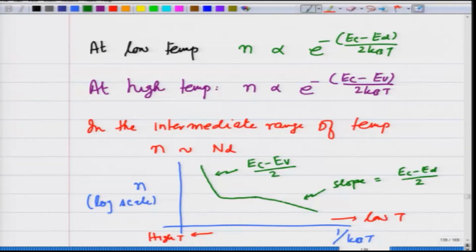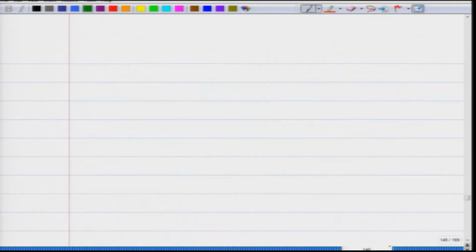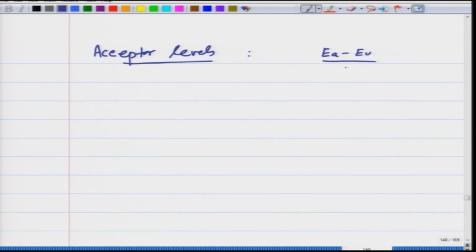Exactly the same calculation would also be applicable for acceptor levels. In acceptor levels, I am going to get (EA minus EV) over kBT as the proportionality constant for the number of holes.